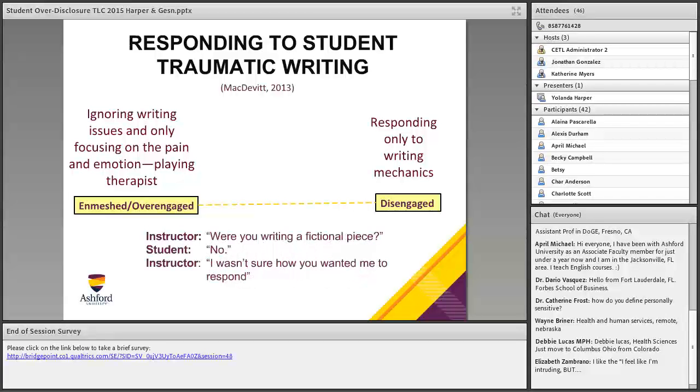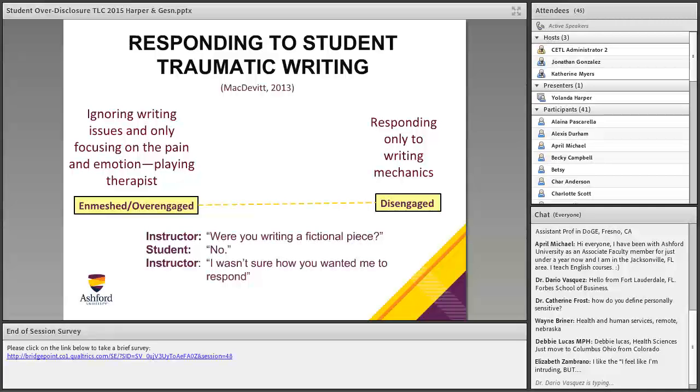Now, Mary Valentino gives an example of the use of I statements, talking with a student who had written a traumatic incident, and Valentino asked if the student first is writing a fictional piece. The student responded, no, and then Valentino volunteers, I wasn't sure how you wanted me to respond.